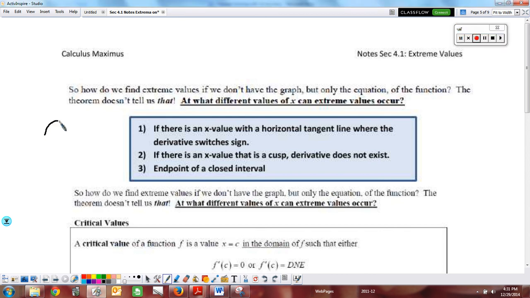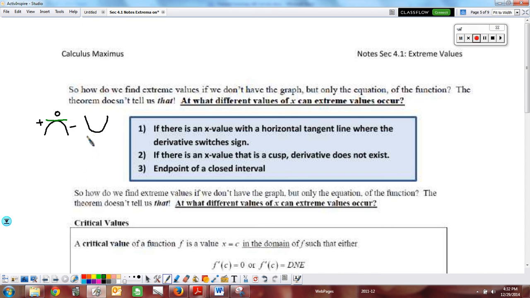So if we're thinking about what the picture of the graph would look like, whether it's a max or a min, the tangent line slope, the derivative, is positive, 0, and then negative here. So at the point where we have a 0 slope horizontal tangent line, and it switches sign from plus to minus, that would be a max.